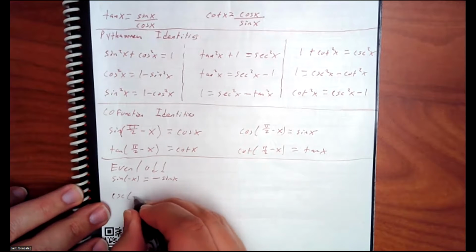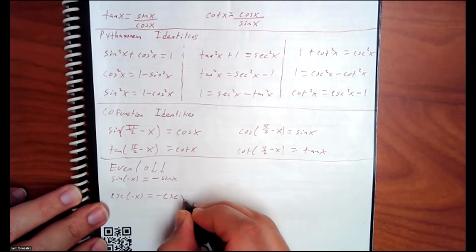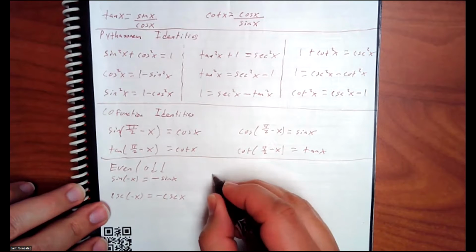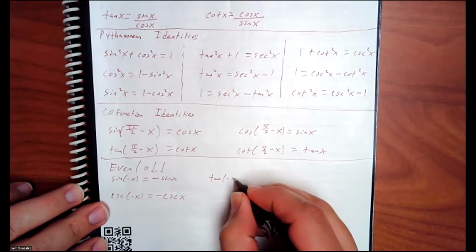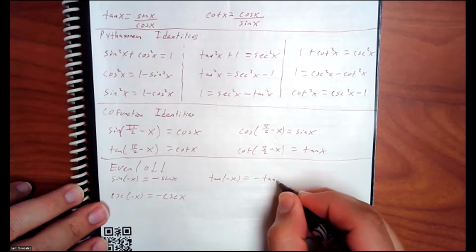Cosecant is just the reciprocal, so of course it'll be the same. Tangent is also odd, which means if you plug in a negative x, the negative comes out in front.